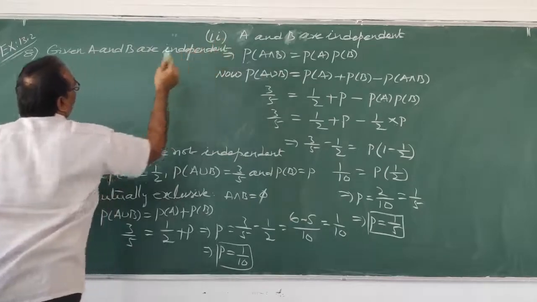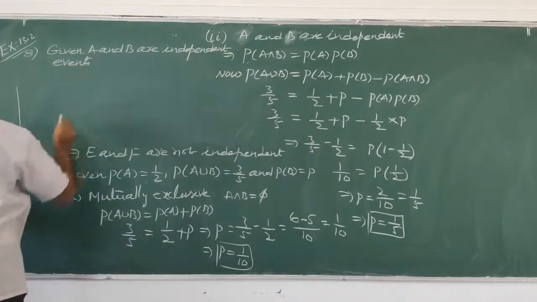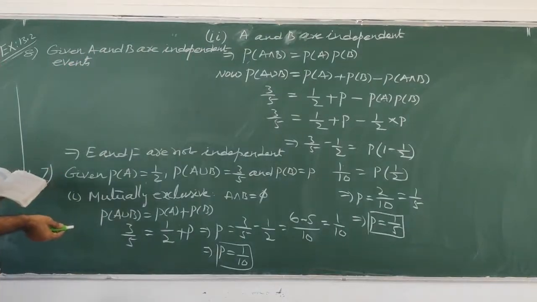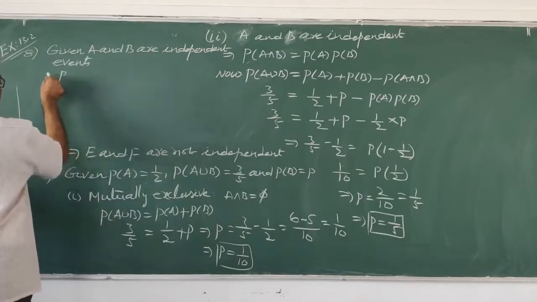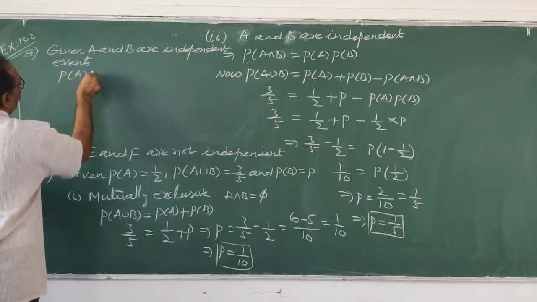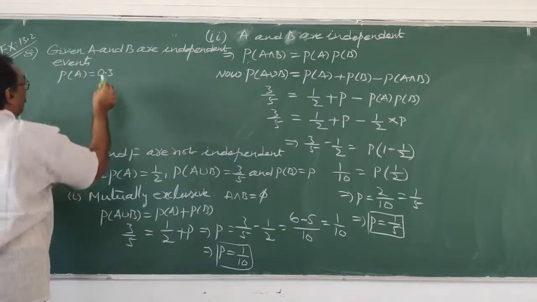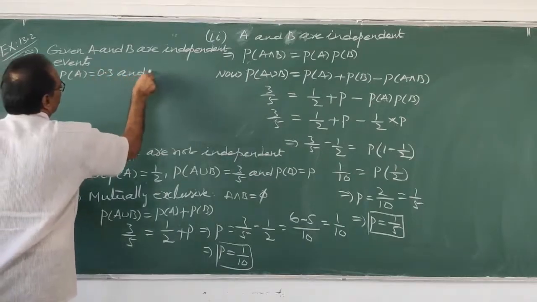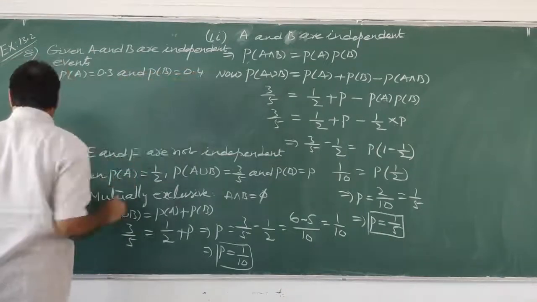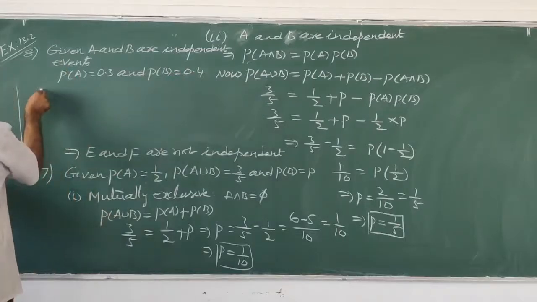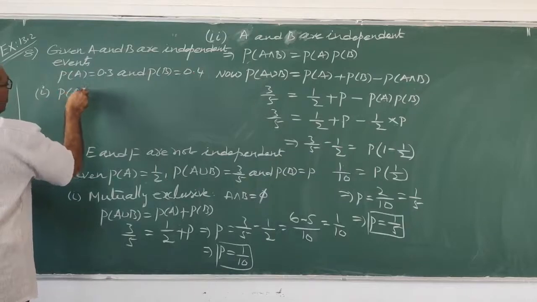Also P of A is equal to 0.3 and P of B is equal to 0.4. Find bit number 1 in this: P of A intersection B.